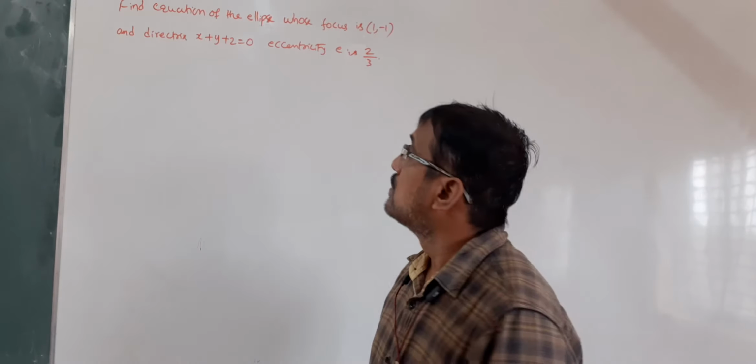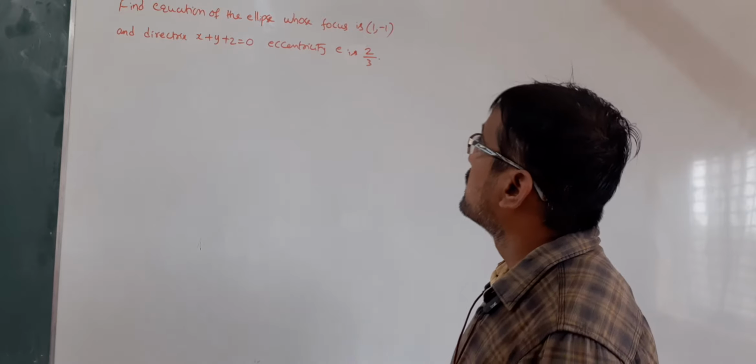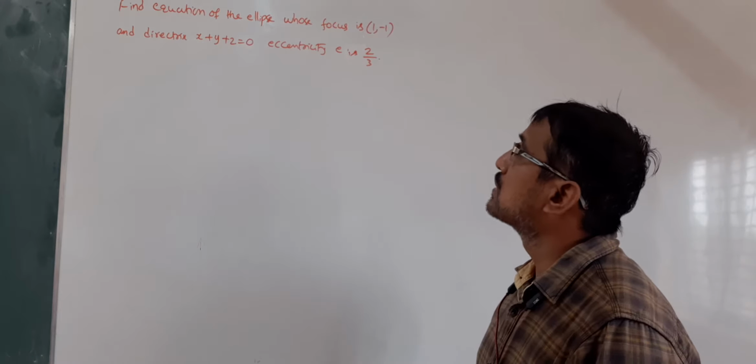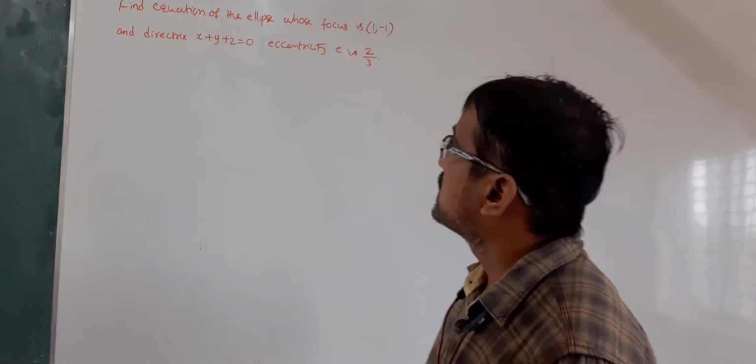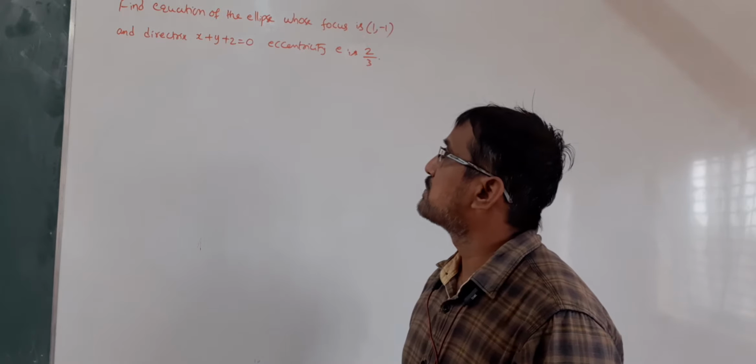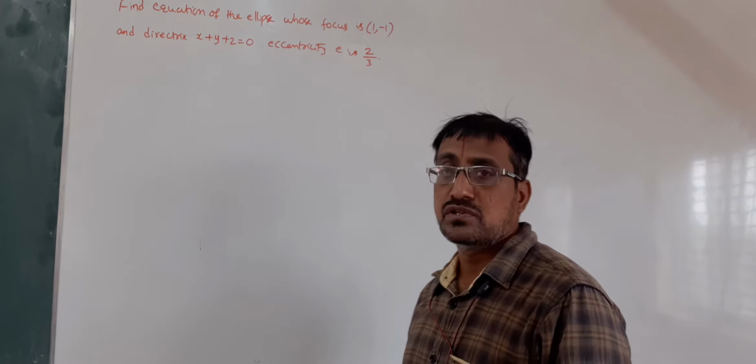Next problem. Find the equation of the ellipse whose focus is (1, -1) and eccentricity 2 by 3, directrix x + y + 2 = 0.